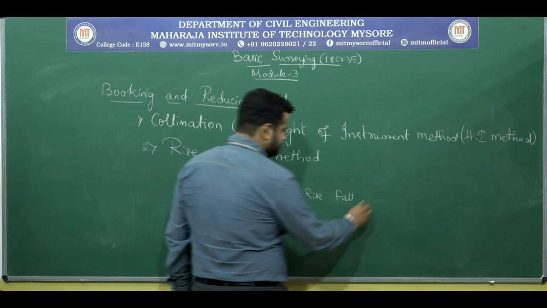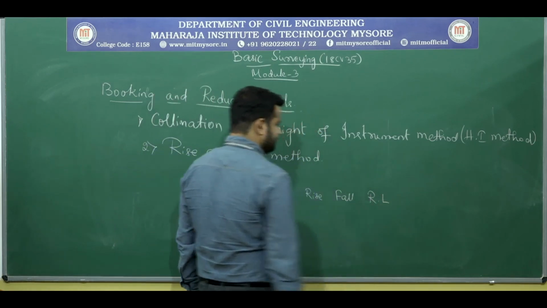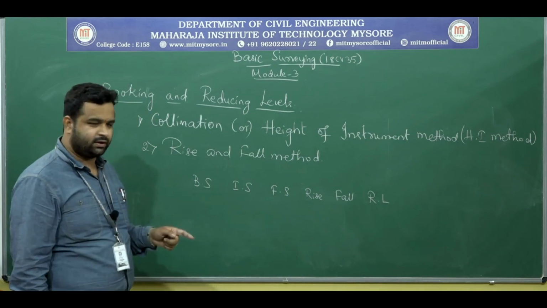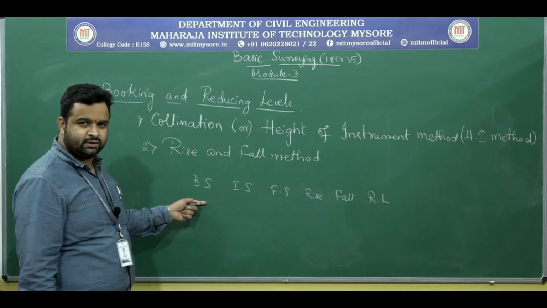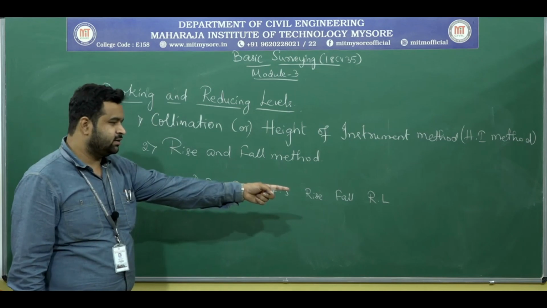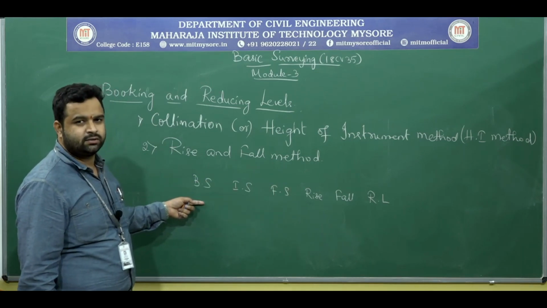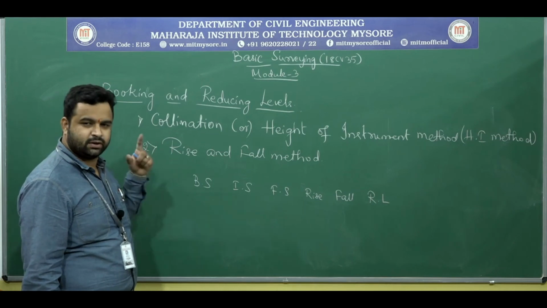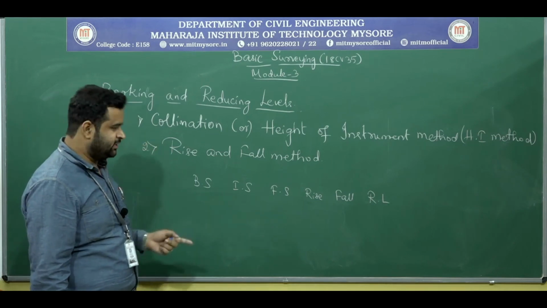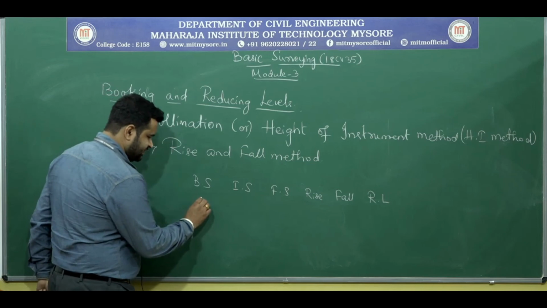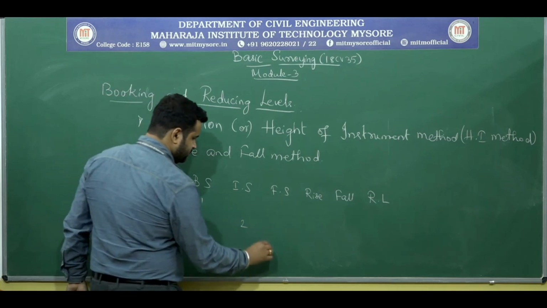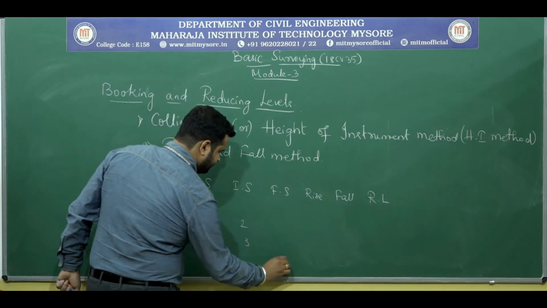Okay, and the next vocab will be RL. If you know the elevation of a point and its backsight, you should add the RL to the backsight to get what? Height of instrument.